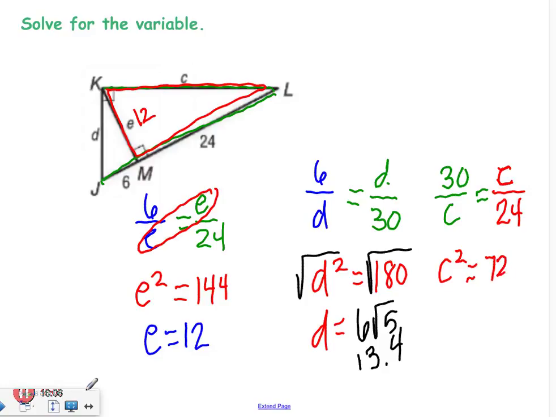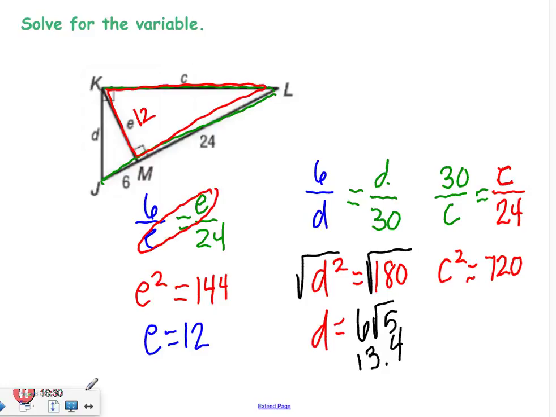720. Alright, start guessing, checking your calculator. What's the biggest perfect square that goes into 720? It's bigger than 10 squared, so try numbers bigger than 10. Less than 16. 12.